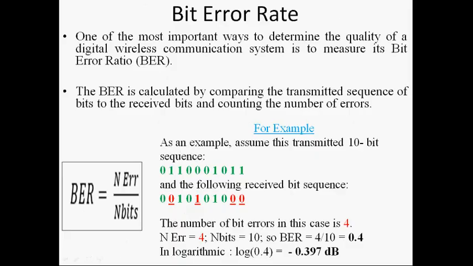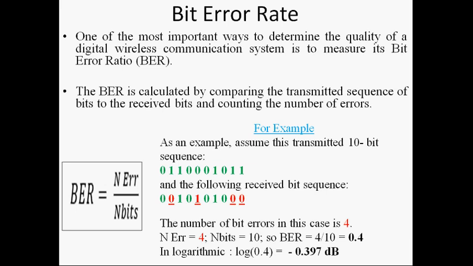Now if you want to characterize any communication system, nowadays everyone is using the digital communication system. If you want to characterize it, first you need to calculate the bit error rate. Now coming to the bit error rate, it is simply the ratio of number of error bits to the total number of bits.